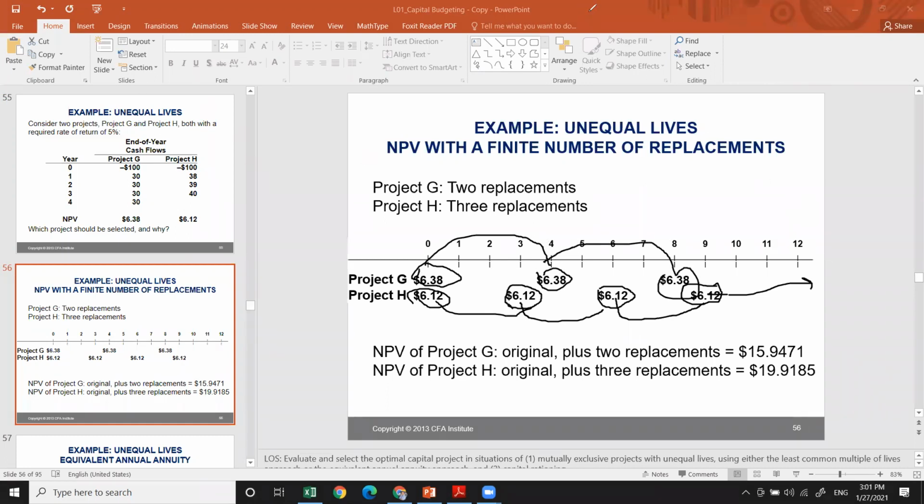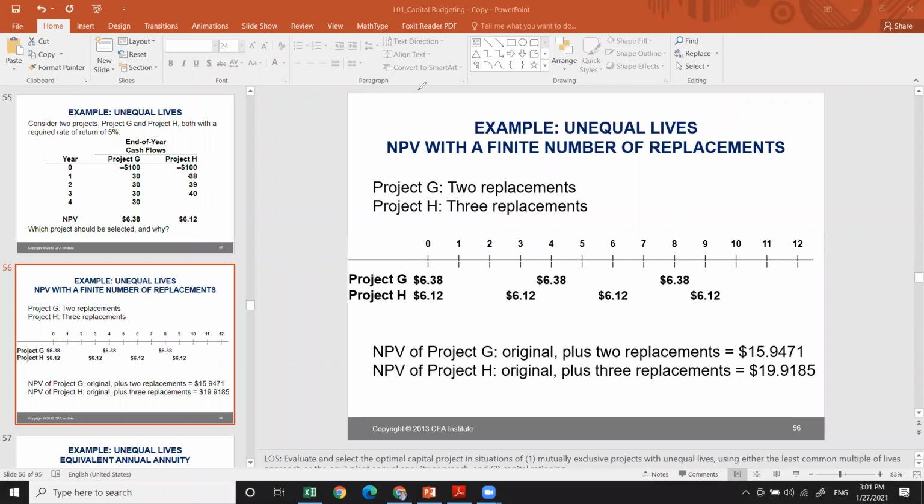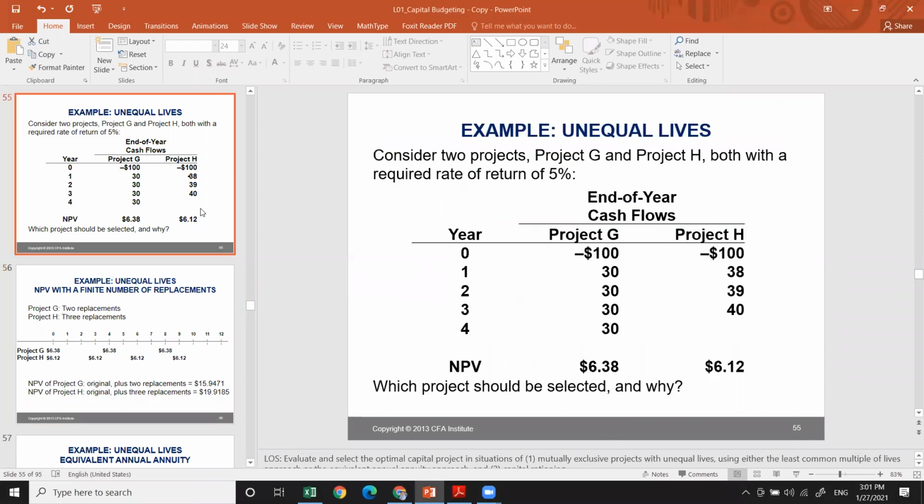If you come back to here, you have $100,000. So 3 years passed of this project, you invested 100 and you earn this money.